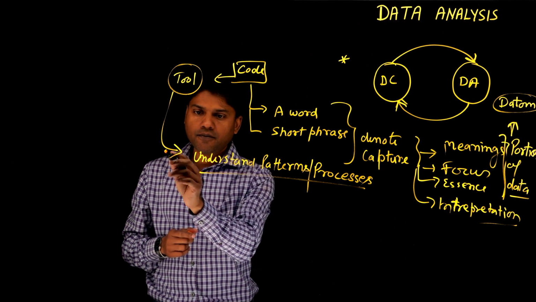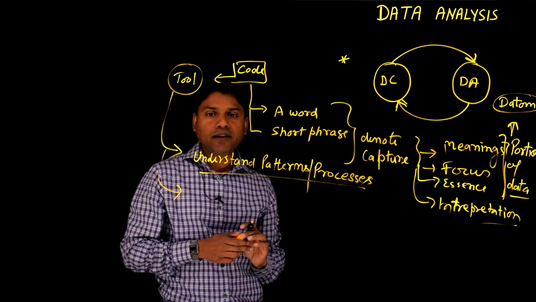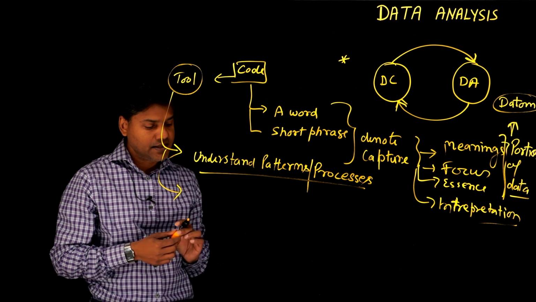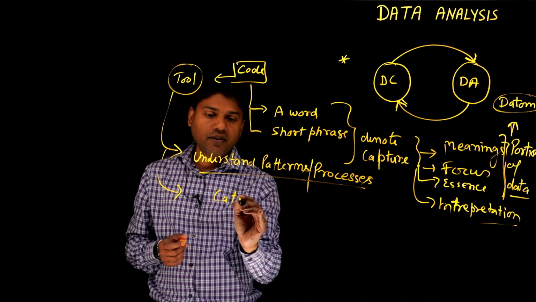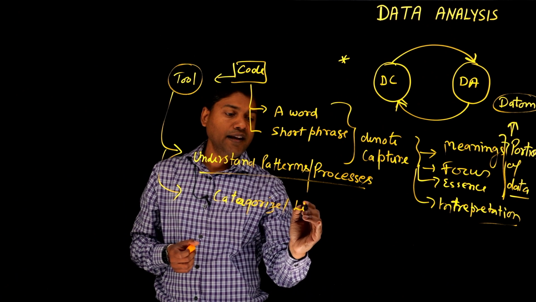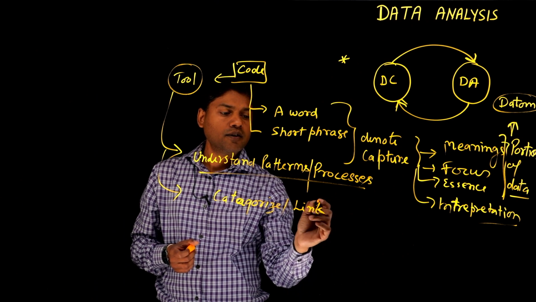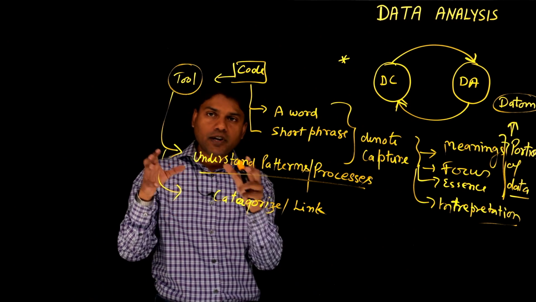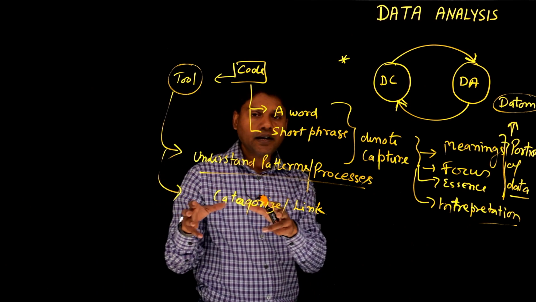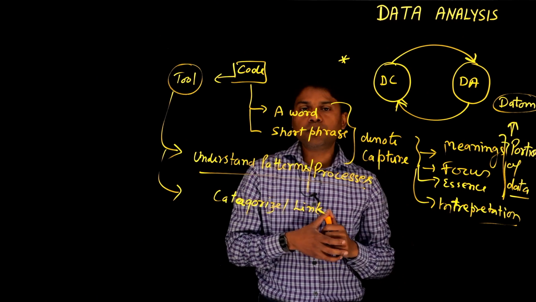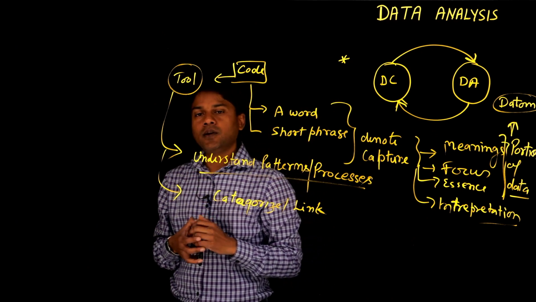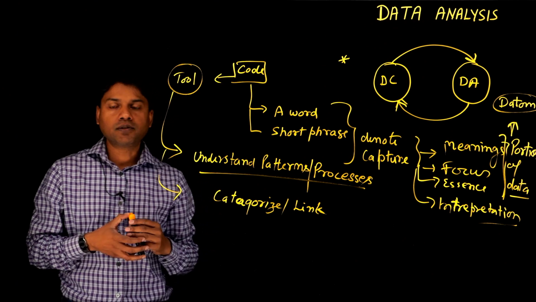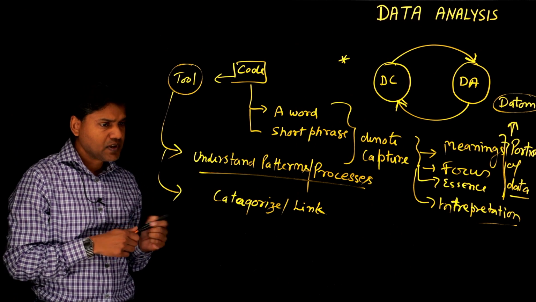Another purpose of why we do coding, and why coding is effective, is it helps us to categorize or link different portions of the data and see the relationship, or categorize the data in different categories. So that's another purpose of why we use codes as a process of data analysis.